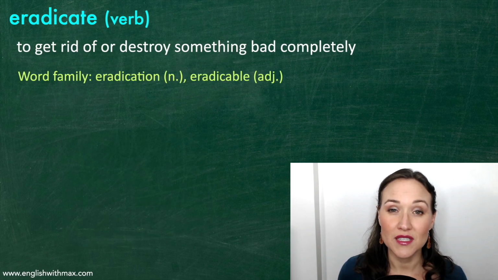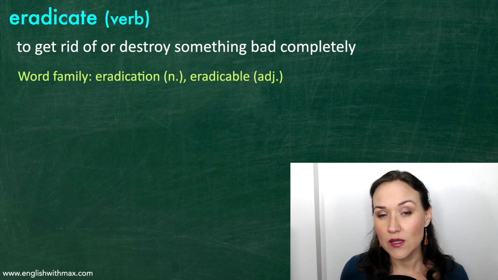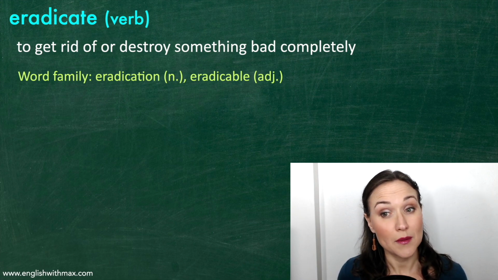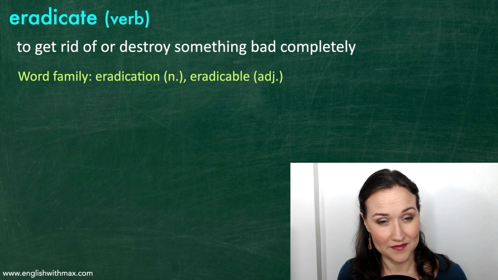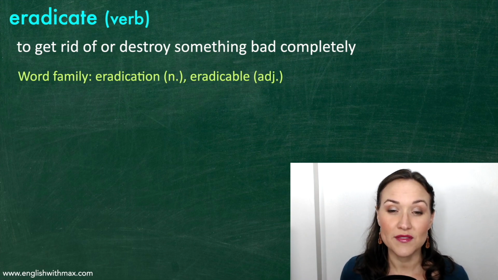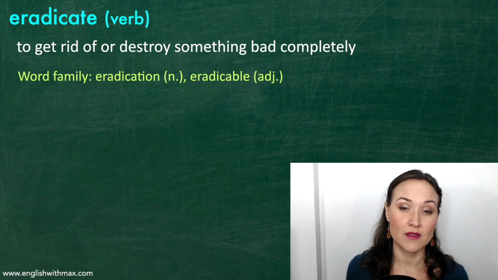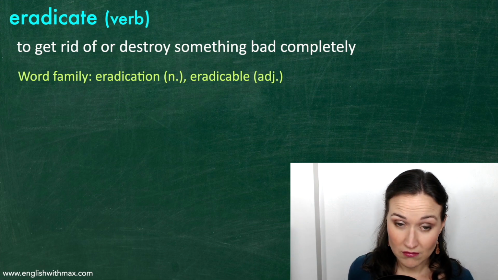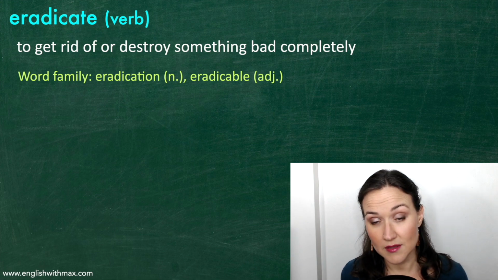Next we have the verb eradicate. Eradicate. This means to get rid of or destroy something bad completely. Let's see the word family. First we have the noun eradication, which is the process.